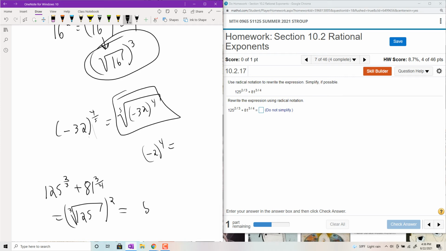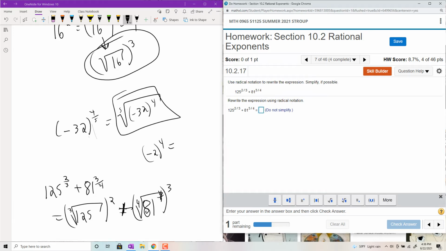And then 81 to the 3/4, the 4th root of 81 raised to the 3rd power. Try it like that, see what they say.